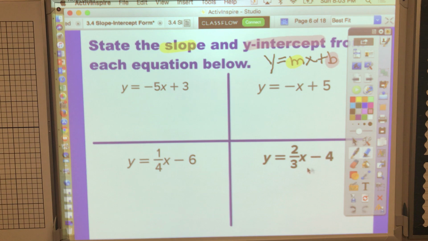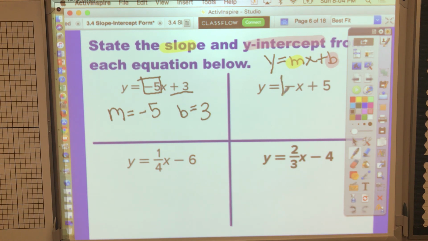Alright. So in this first equation, my number with x is -5. And my b term is 3. So I would say m equals -5 and b equals 3. And since it's a positive 3, I can just write 3. The second one, to your right, is a little more complicated.